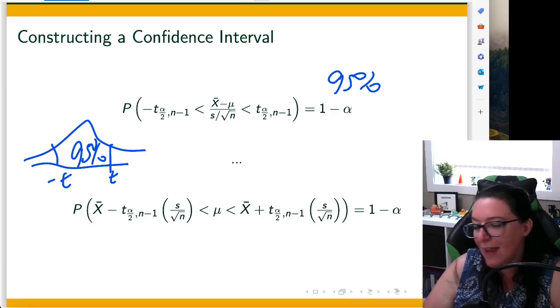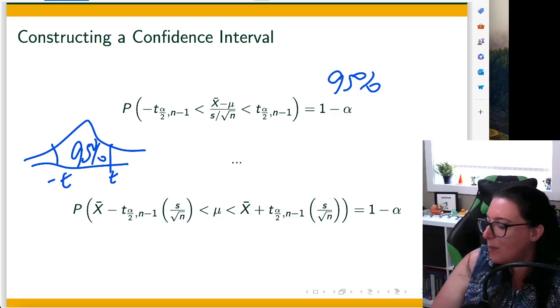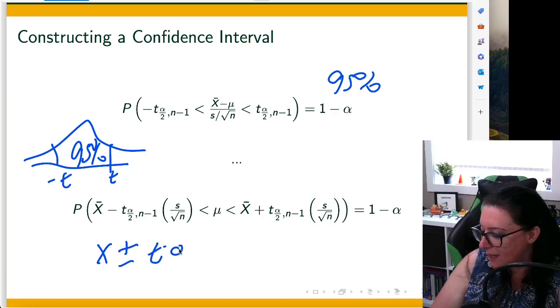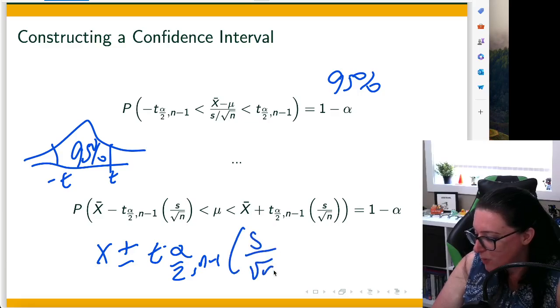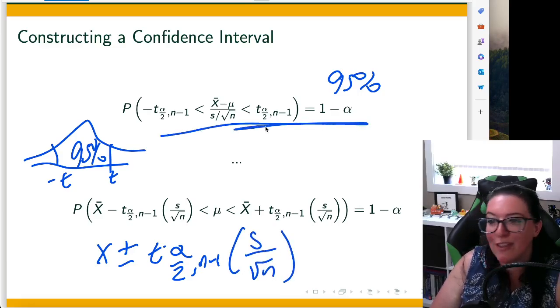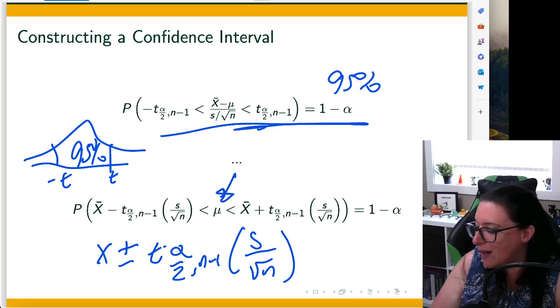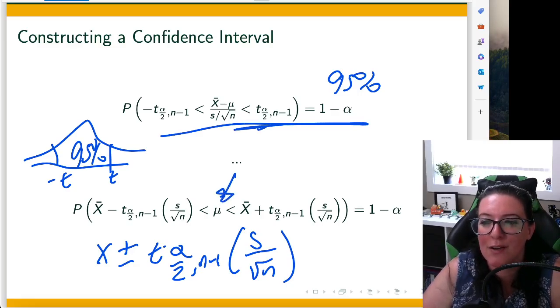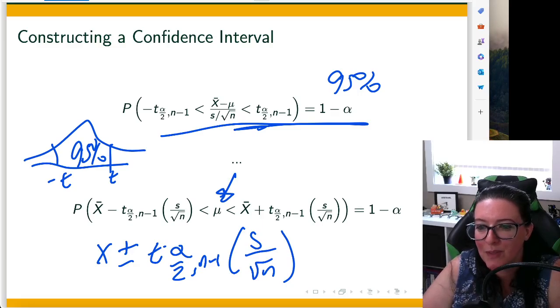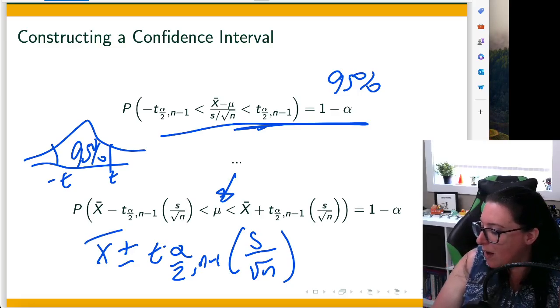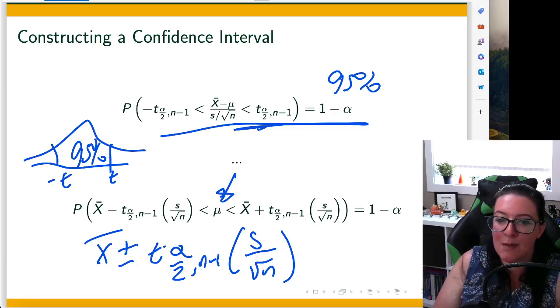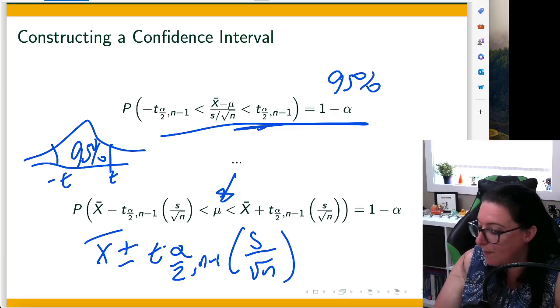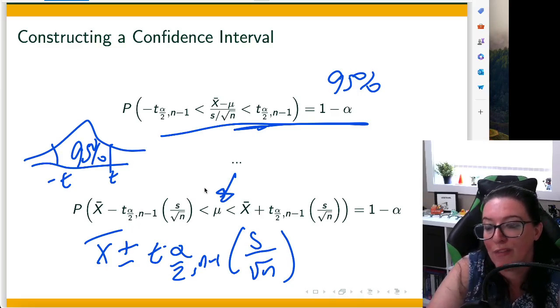We then take x bar, and that's how we end up with this point estimate plus or minus t alpha divided by 2, n minus 1, times s over the square root of n. We're just rearranging this math formula so that we end up with mu being what we're trying to approximate. Okay, so x bar plus or minus t, which depends on alpha divided by 2 and n minus 1, s over the square root of n.